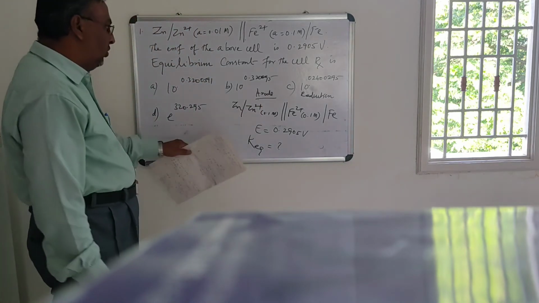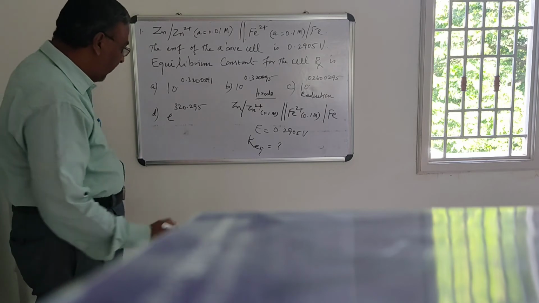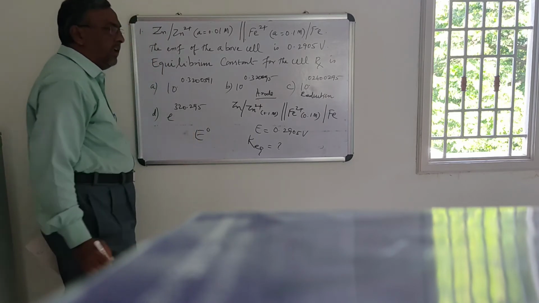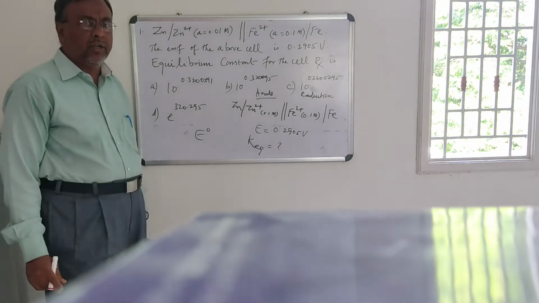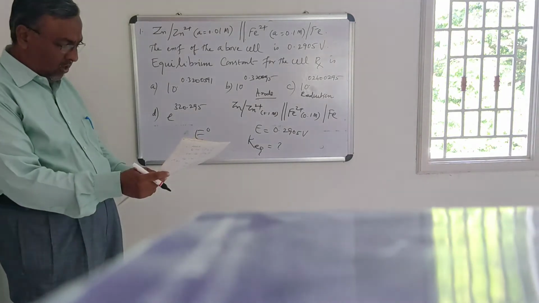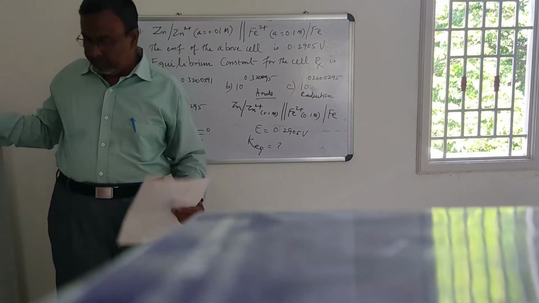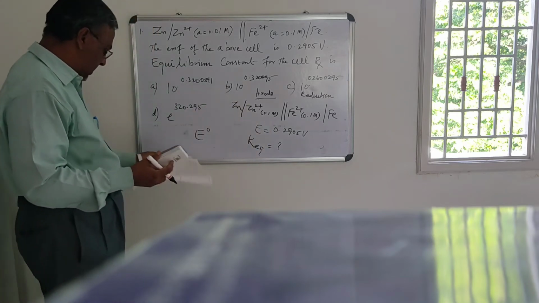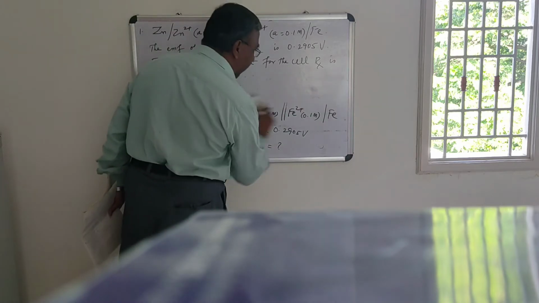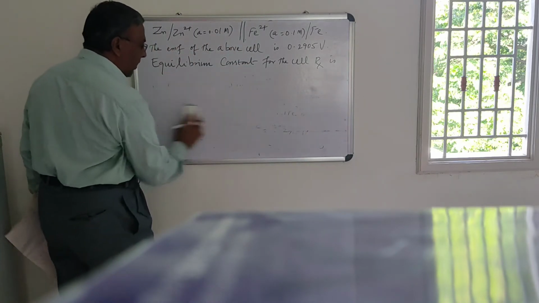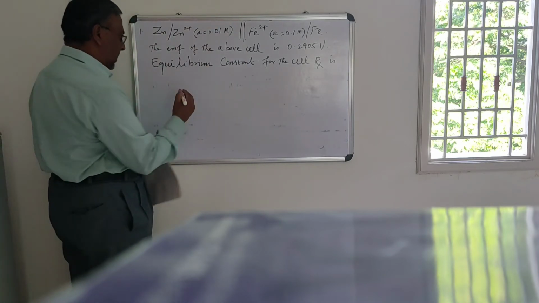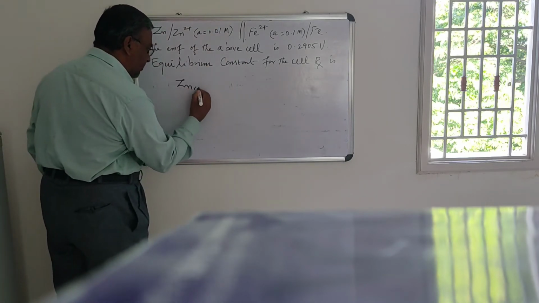To solve this problem, first we have to calculate the E naught of the cell. What is E naught? Standard EMF, or the standard electrode potential of this cell. How to find out this? First I am writing the cell reaction. In the left hand side half cell, oxidation occurs.